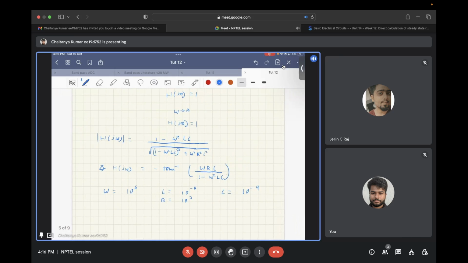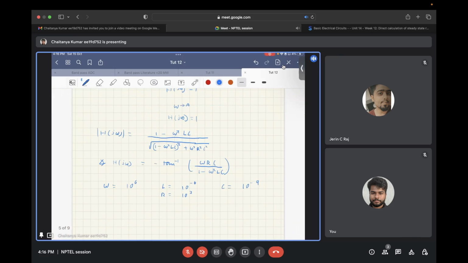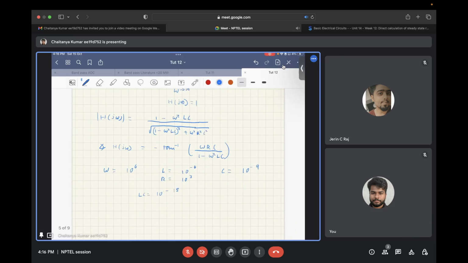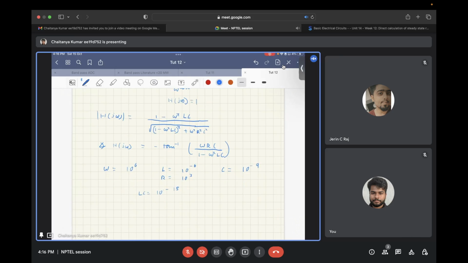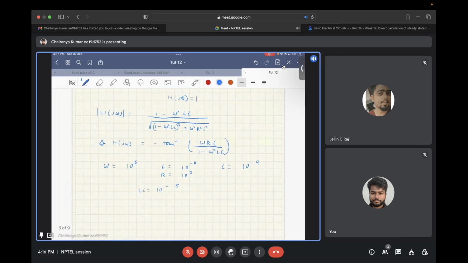So now the product LC will be 10 to the power minus 15, and the omega that is given is 10 to the power 6.